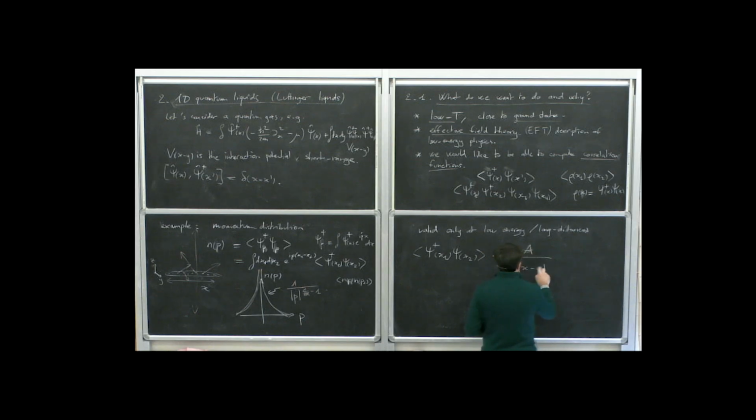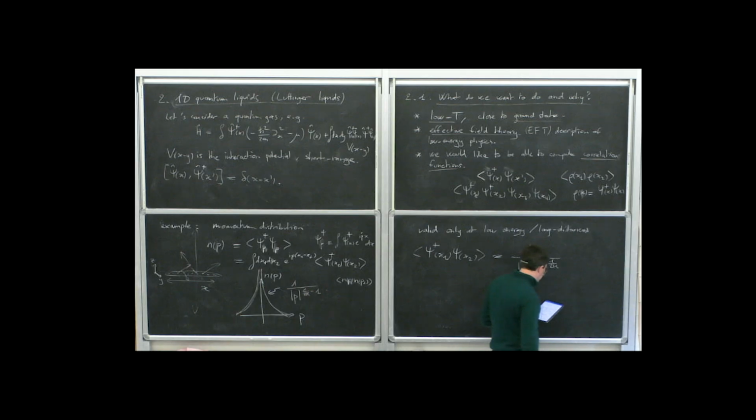But what we can derive from the effective theory is that this goes as 1 over the distance between the 2 points, x1, x2, to some exponent, which we'll write later as 1 over 2k.